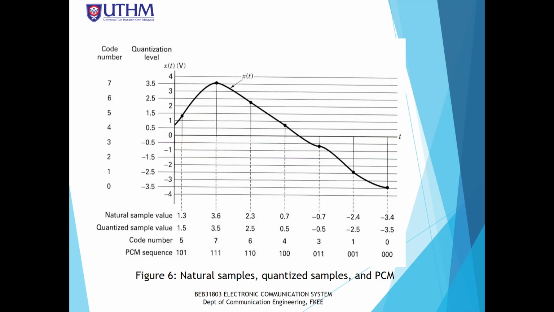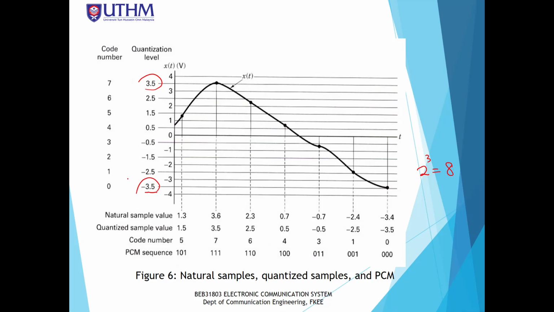And from this example we have seen that, for example, here this is using 8 levels of quantization. That means it is using 3 bits, 2 power of 3, so you're going to get 8 levels starting from minus 3.5 until 3.5 volt.